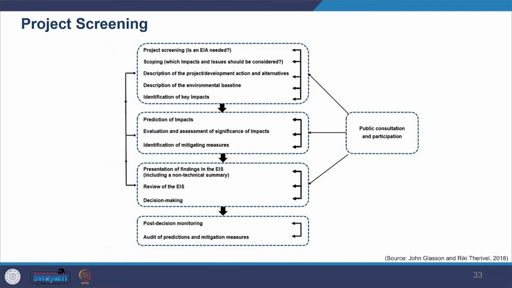We consider only those projects which have known substantial impact, or in some cases projects whose impact we are unaware of, so you might like to test or check those. The projects which have insignificant impact are screened out and are allowed to proceed to the normal planning permission, so they can go through the normal process and need not worry about preparing the EIA statement.